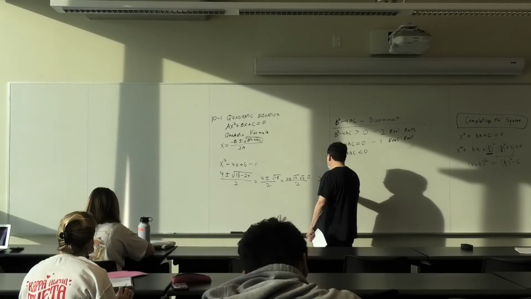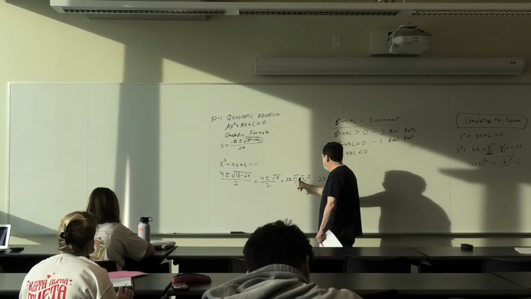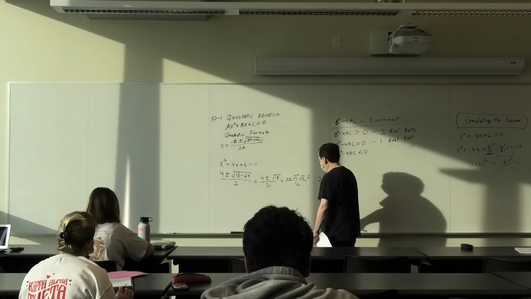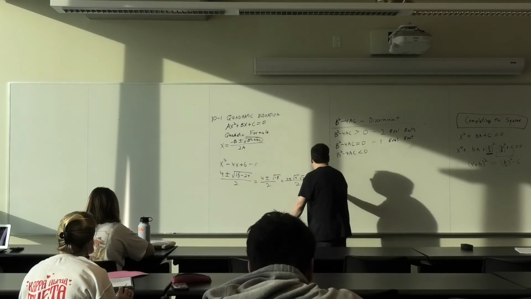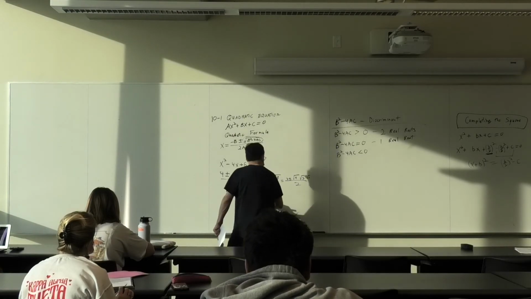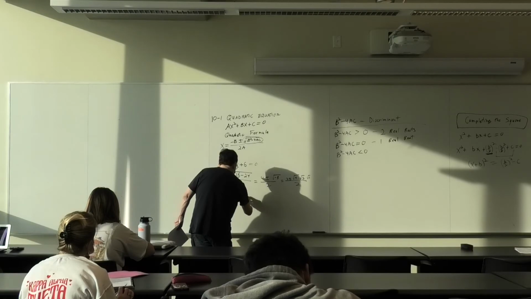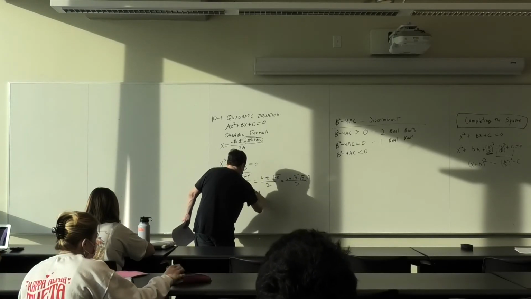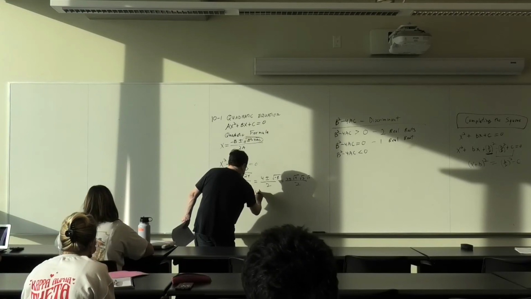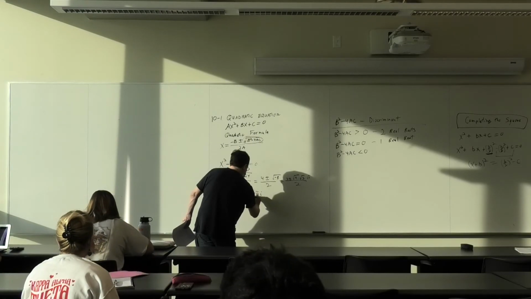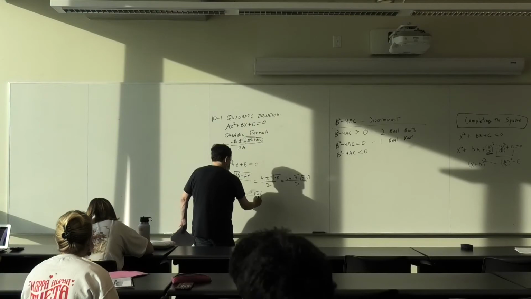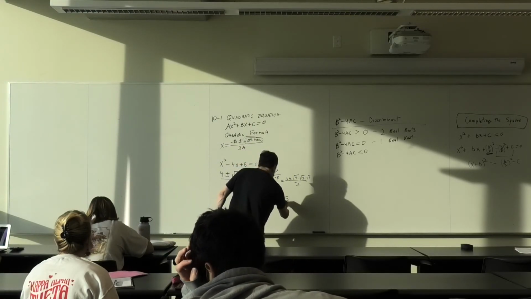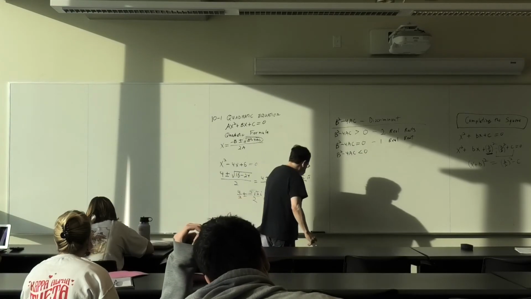I'm not doing this very nicely. I'm going to write it all out. 4 over 2 plus or minus square root of 4, that's 2, square root of 2 times i over 2. And you can see here that's 2 plus or minus square root of 2i. All right.